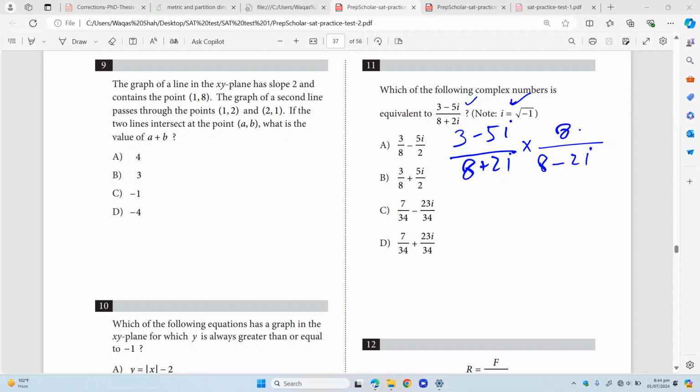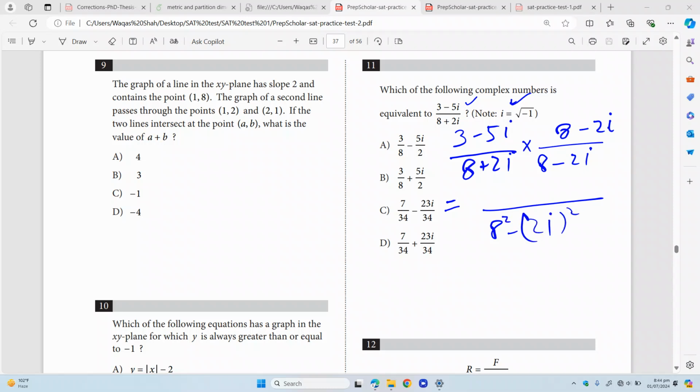It's up to you if you call it iota or i. I prefer to call it i, since most students in every part of the world call it i. So now we will have in the denominator a plus b into a minus b, which is basically equal to 8 square minus 2i whole square.